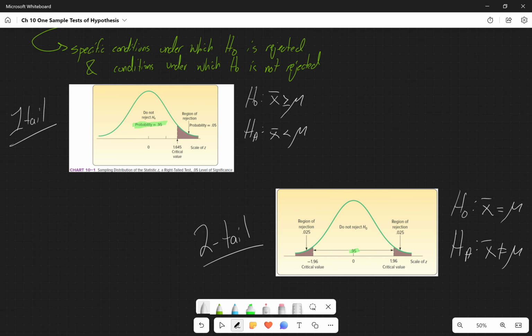They both have the same levels of significance. They have the same area under the curve that's telling us the probability of rejection. But on a single tail test, it's focused on just one of the tails.